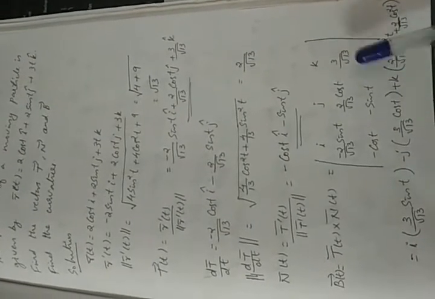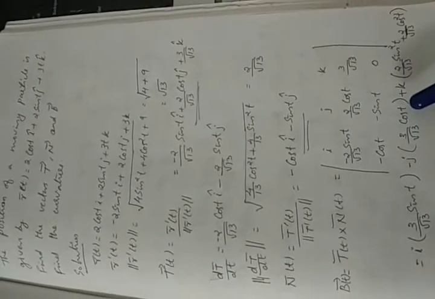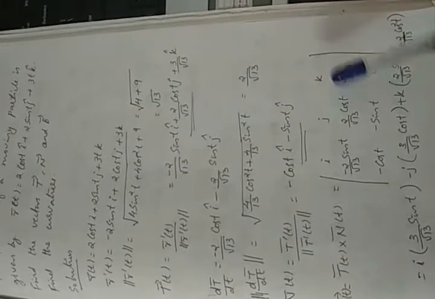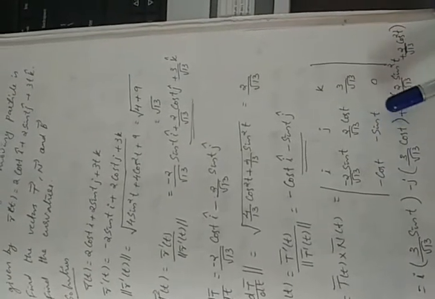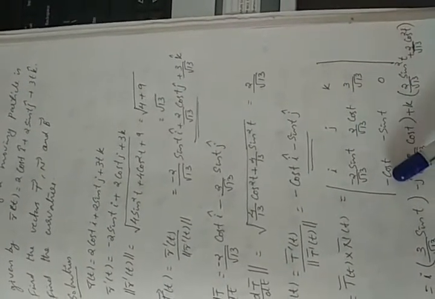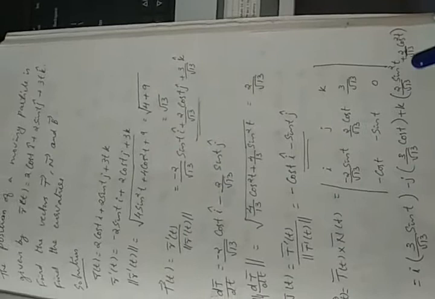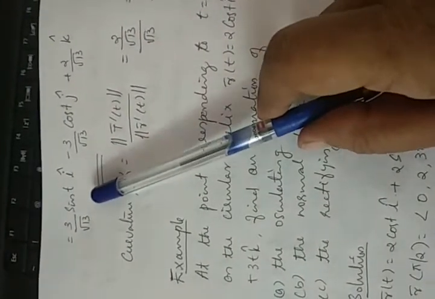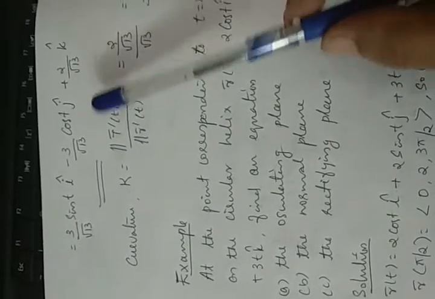Minus of minus is plus. So we have negative j into 3 by root 13 cos t, plus vector k into, multiplying, 2 by root 13 sin² t, minus of minus, that is plus 2 by root 13 cos² t. Here we can take the scalar 2 by root 13 outside. So simplifying, we get 3 by root 13 sin t vector i minus 3 by root 13 cos t vector j plus 2 by root 13 k. So this is the binormal vector B.